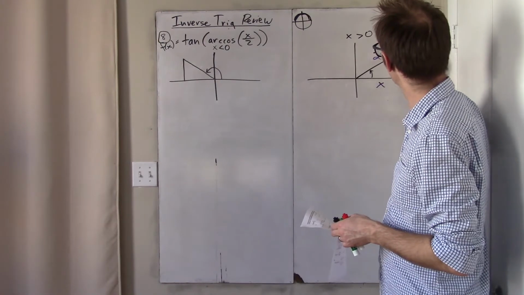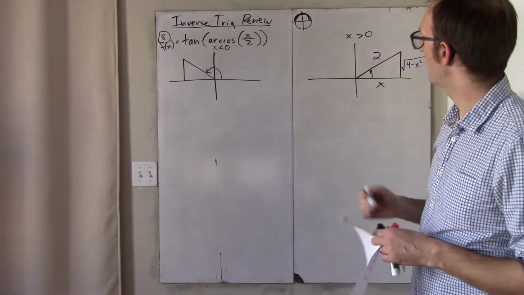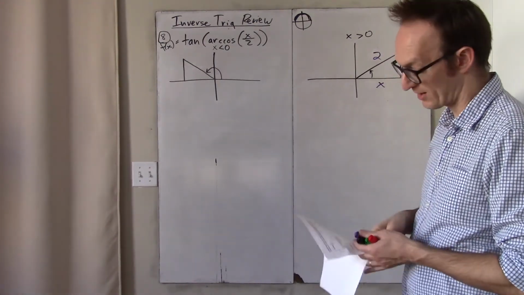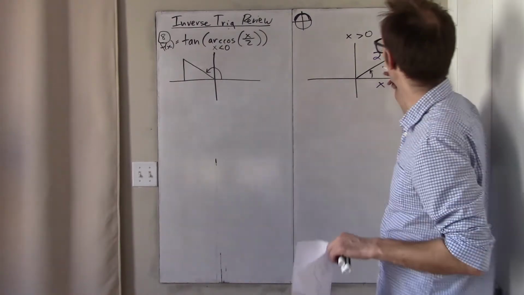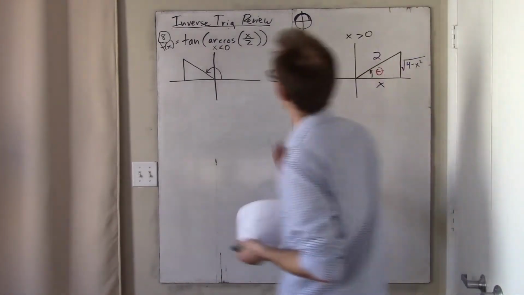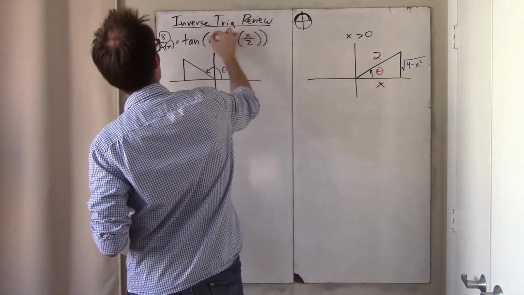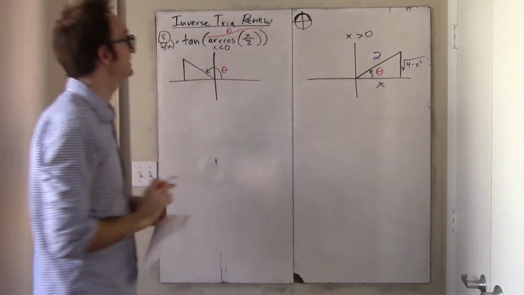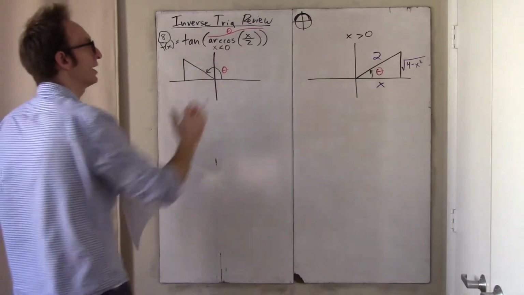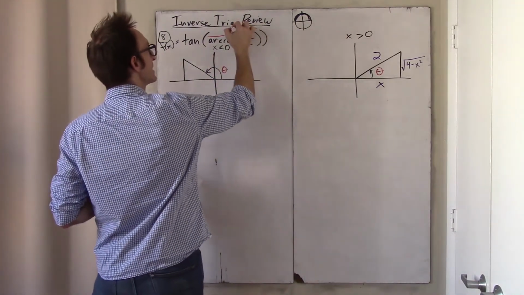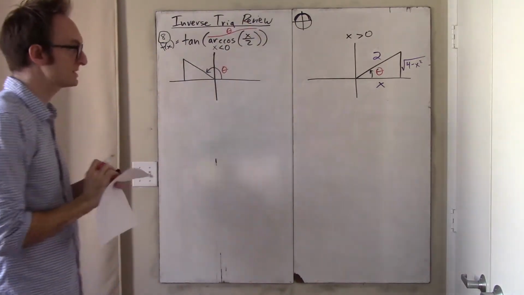Alright, well, if that's the case, then the Pythagorean theorem tells me that this is root 4 minus x squared, and maybe you even want to temporarily name this angle theta. I don't know if that's helpful to anyone. So we're nicknaming this angle arc cosine x over 2 as theta for a moment.